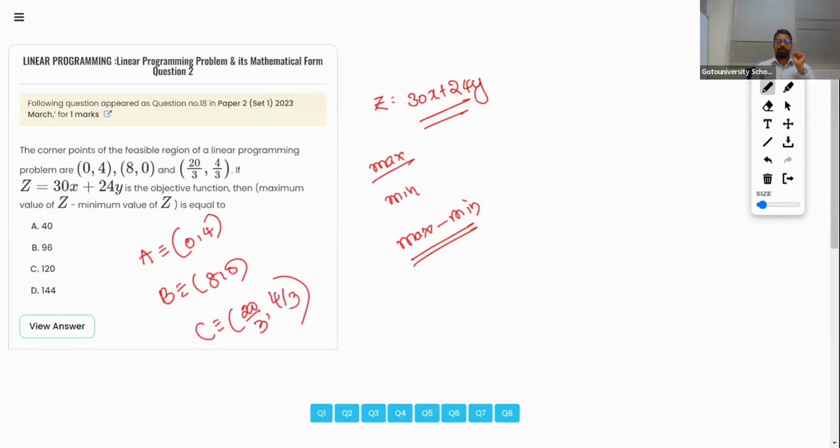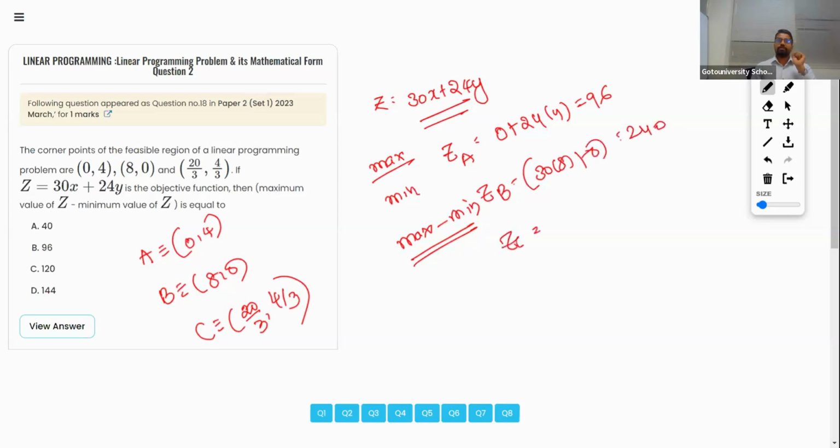So when you have the Z at A, what I get is 0 plus 24 into 4, which is 96. Z at B will be 30 into 8 plus 0, which is actually 240.